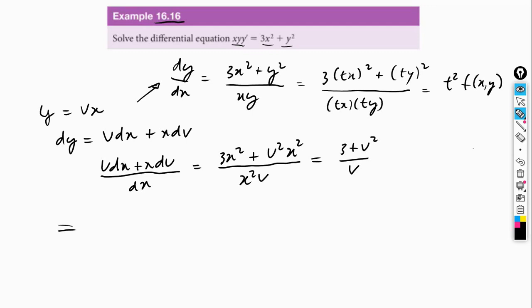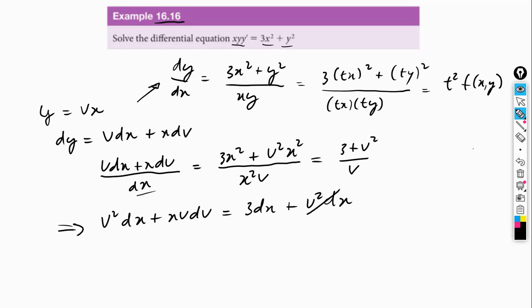So continuing over here, we're going to send the v to multiply the left-hand side. So we're going to get v squared dx plus xv dv is equal to, and this is from sending dx to multiply the right-hand side, 3 dx plus v squared dx.